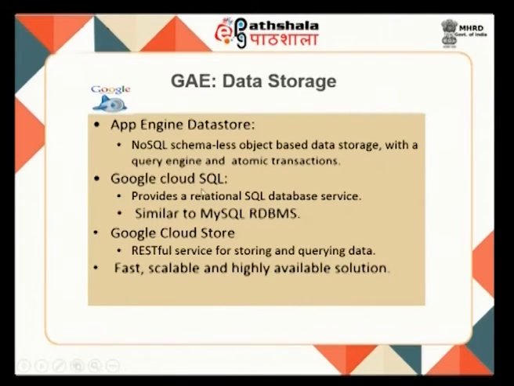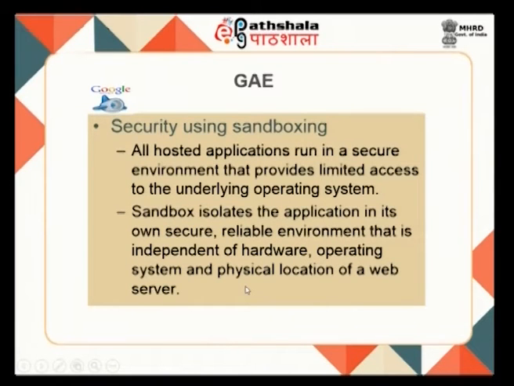It also uses Google Cloud SQL, which is a relational SQL database service quite similar to MySQL RDBMS, and it uses a RESTful service, the Google Cloud Store, for storing and querying the data. All these are fast, scalable and highly available data storage solutions.